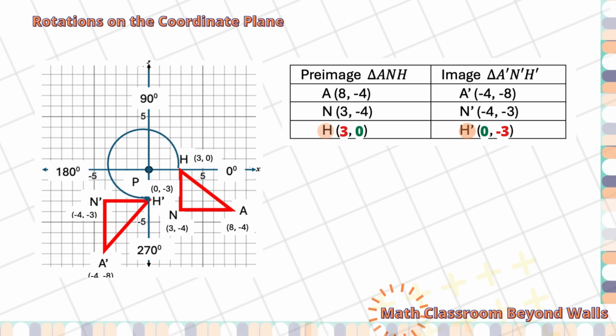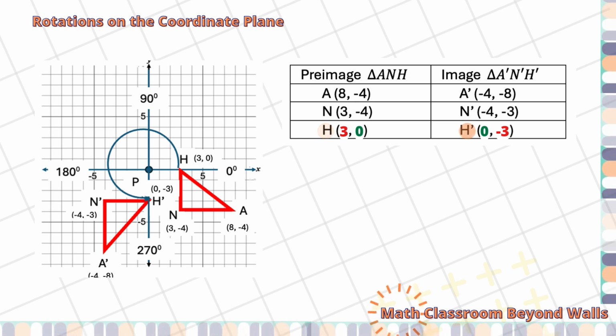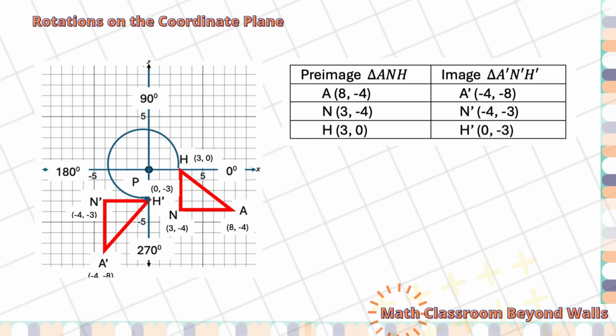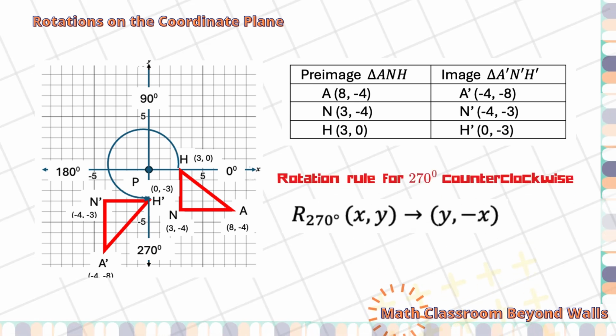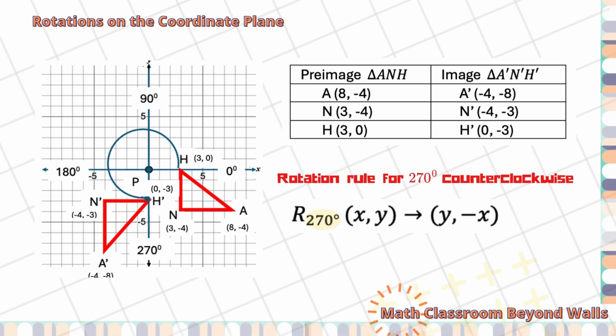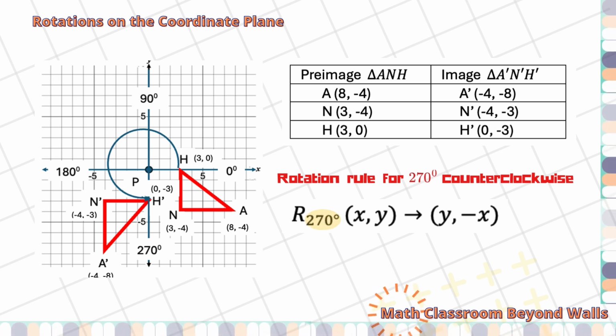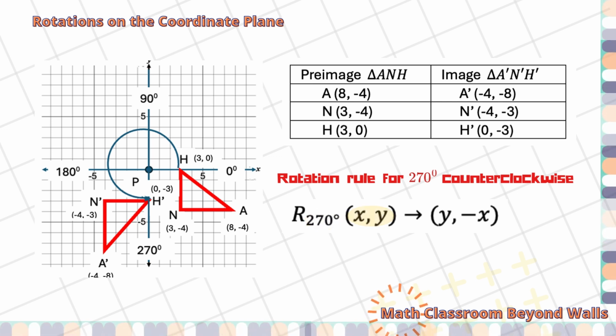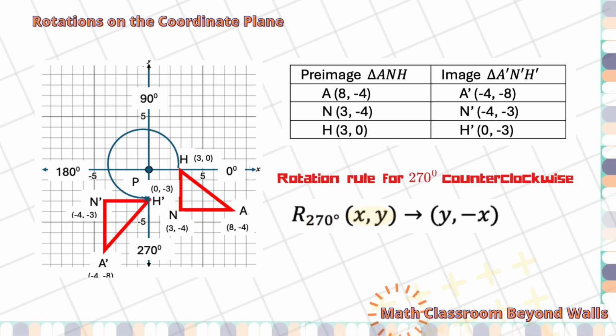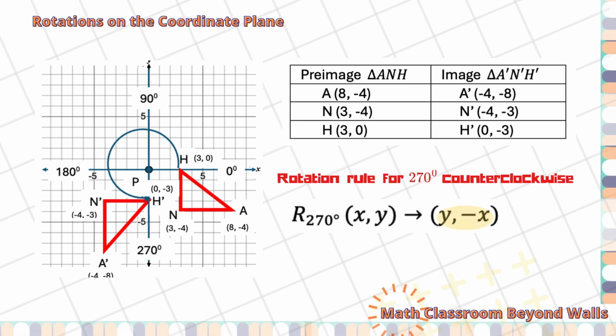From these changes, we can write the transformation rule or the rotation rule for 270 degrees counterclockwise as. This means that in a 270 degree counterclockwise rotation, any point (x, y) on the preimage will be transformed to (y, -x) on the image.